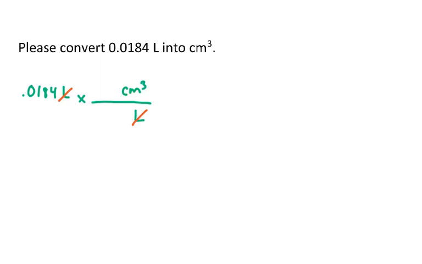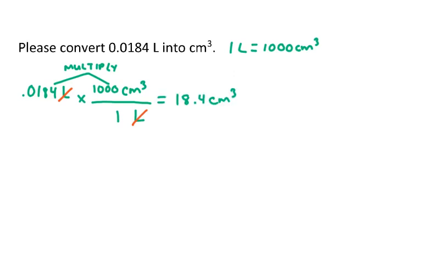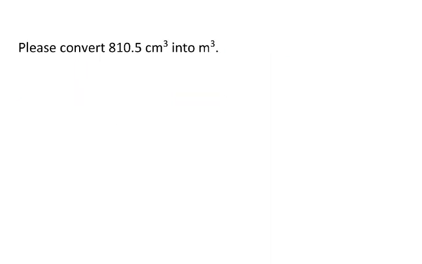We need to convert into centimeters cubed, so that unit goes in the numerator of the conversion factor. Since 1 liter equals 1,000 centimeters cubed, we'll put those numbers in our conversion factor. Again, we multiply what's in the numerator. 0.0184 times 1,000 comes out to 18.4 centimeters cubed.